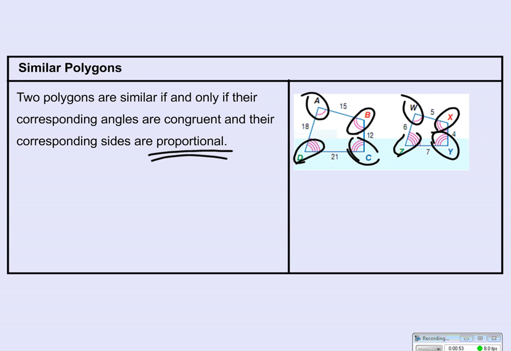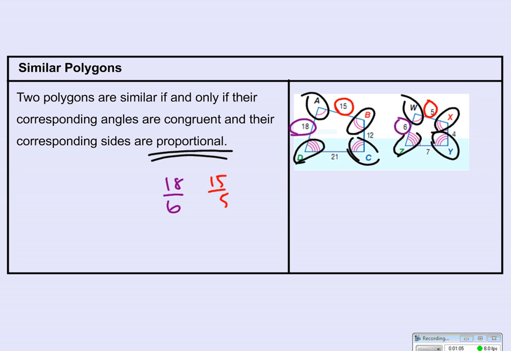Now if I look at the sides, you've got 18 over 6 here and here. You've got 15 over 5 here and here. You've got 21 over 7. And you've got 12 over 4.